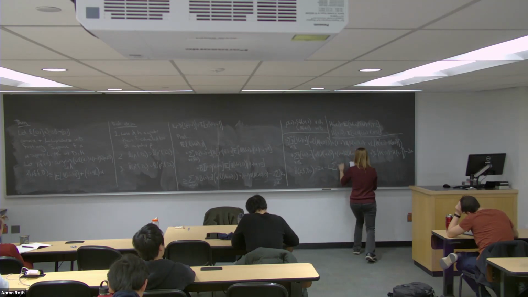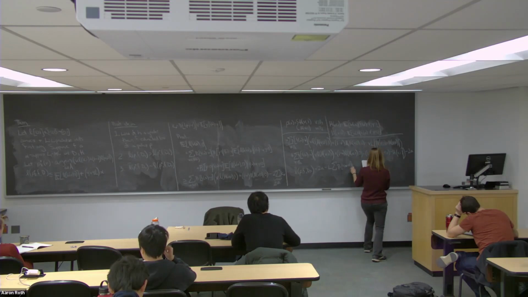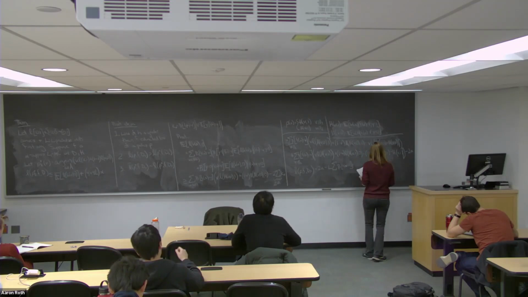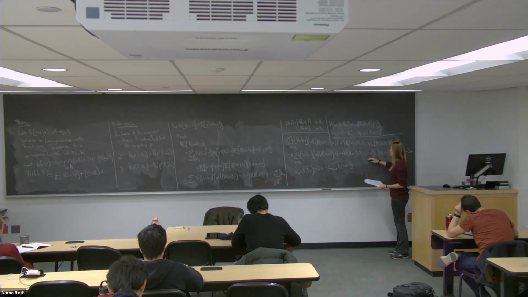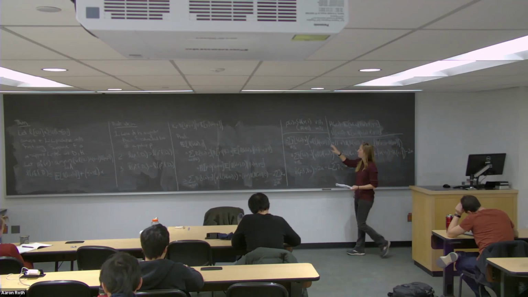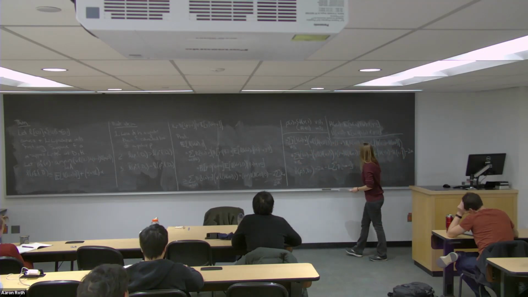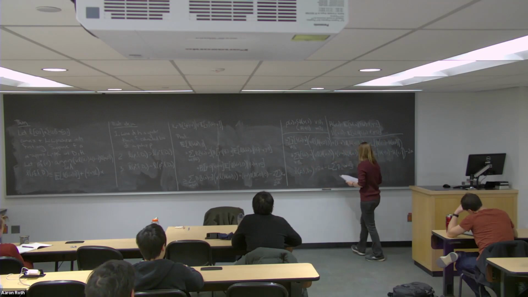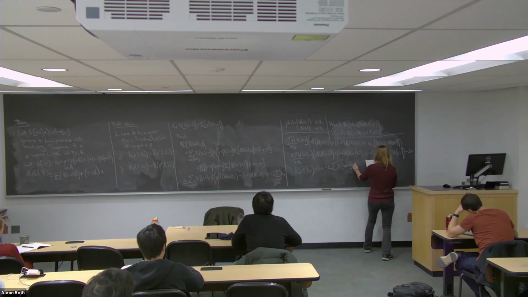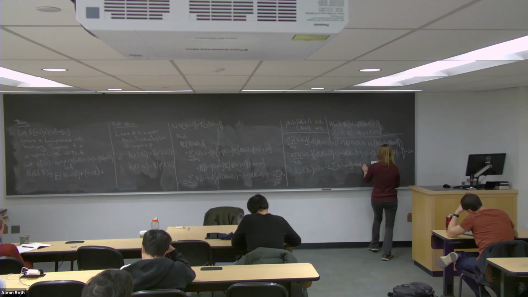So probability f of x equals b. And sometimes we're multiplying it by v, sometimes by 1 minus v: v when v was less than a half, and 1 minus v when v was greater than a half. So we can just say we're multiplying it by the minimum of v and 1 minus v.